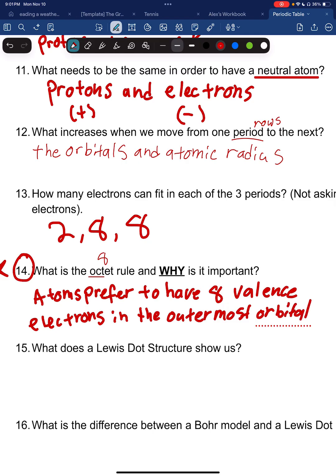Why? To be stable. So atoms prefer to have 8 valence electrons in the outermost orbital to be stable.